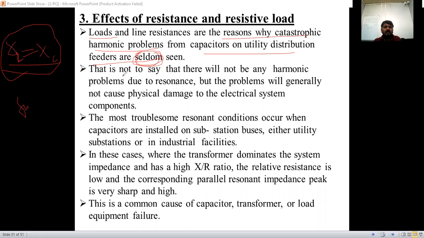That is not to say that there will not be any harmonic problems due to the resonance. We cannot say that.